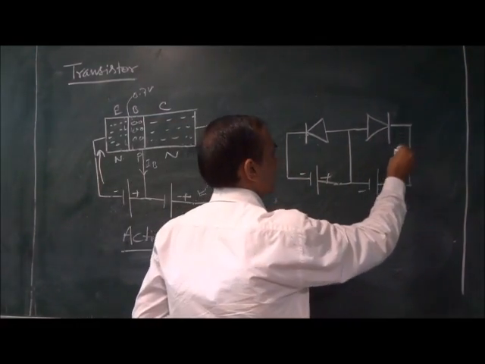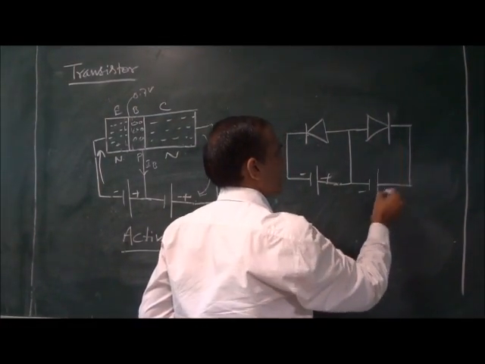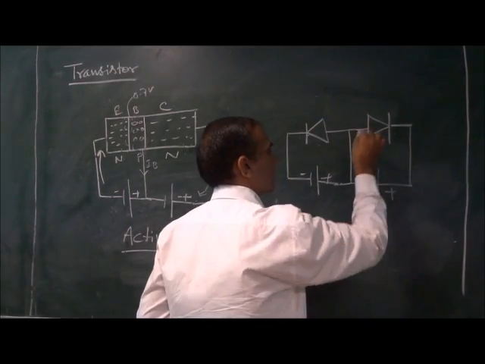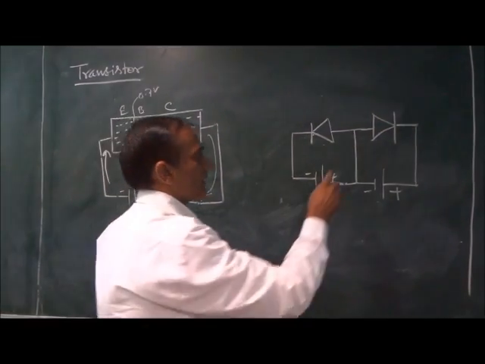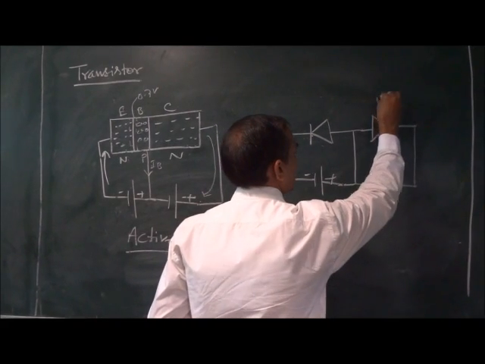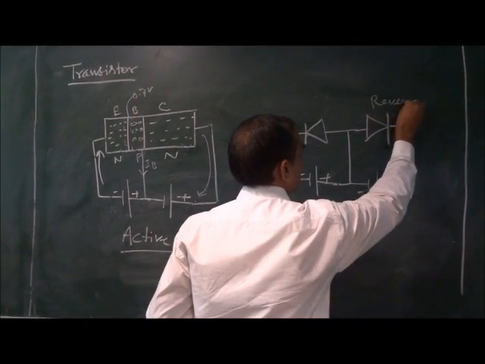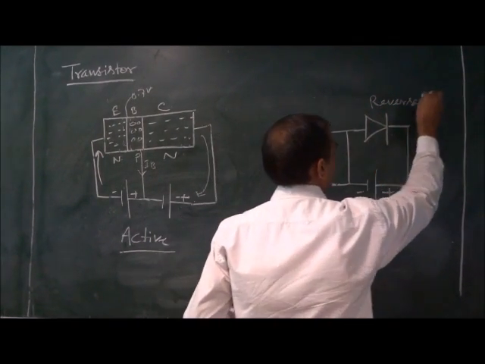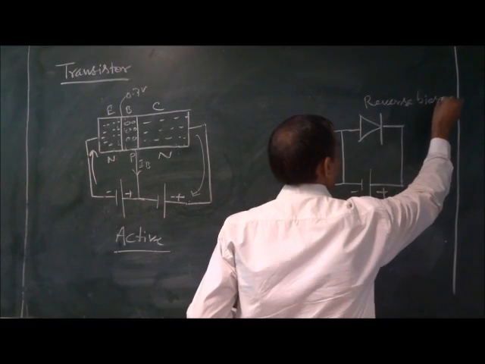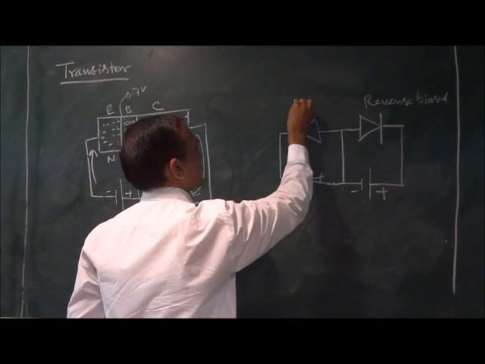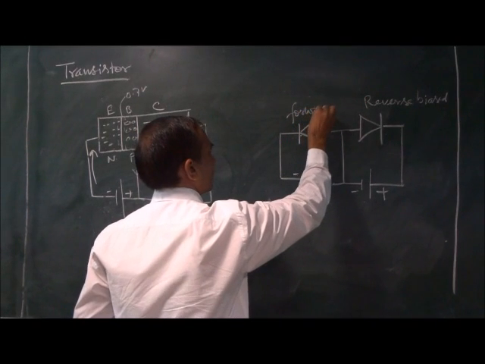Now you can see this diode is supplied with the positive supply at the cathode and negative at the anode. So this region is reverse biased. So we can say this diode is reverse biased, and this diode is forward biased.